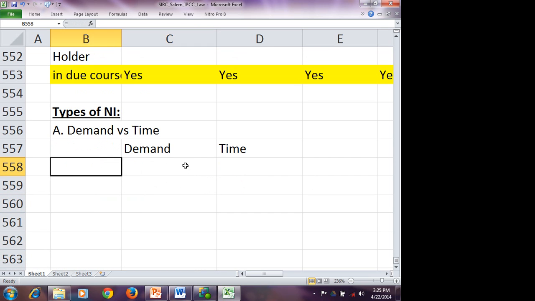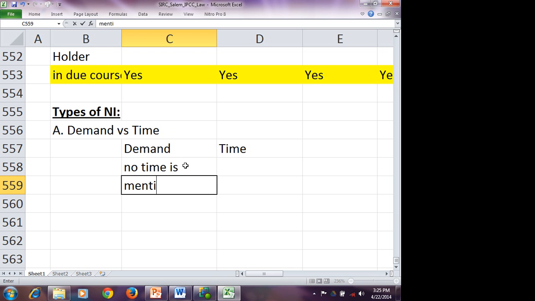An instrument which is payable on demand is a demand instrument. Or, to put it another way, an instrument on which no time is mentioned. That is easier. An instrument on which no time is mentioned is a demand instrument.